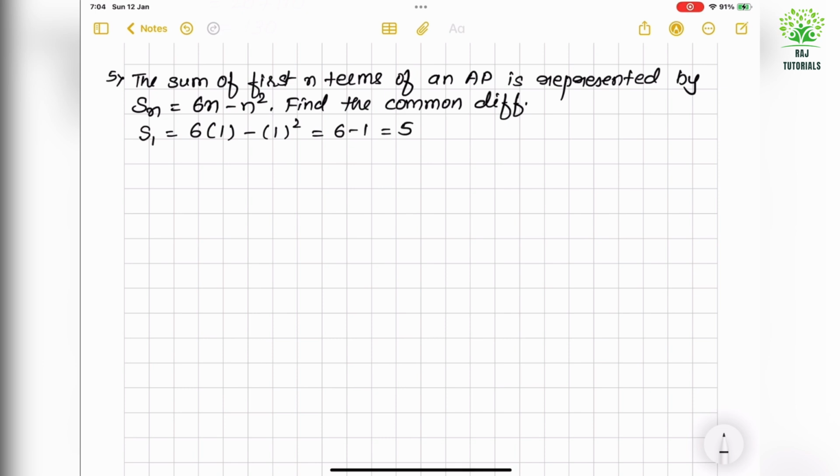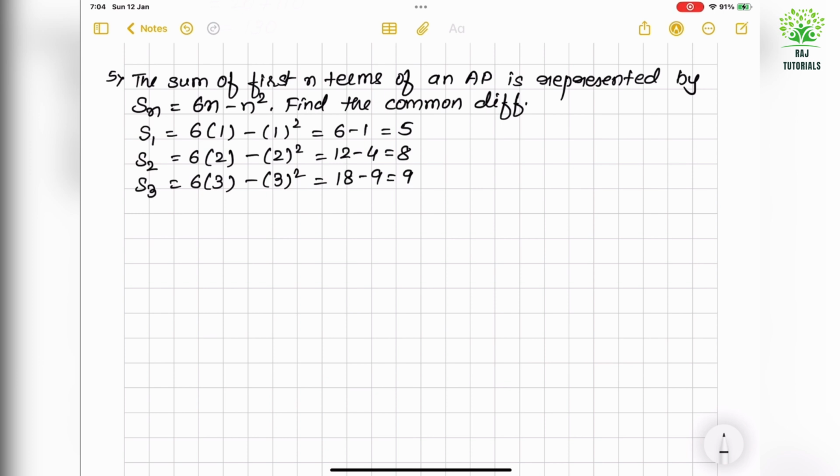Now I will find S2. So 6 into 2 minus 2 square. So 6 twos are 12 minus 4, so that is 8. Same way S3. So I will get 6 into 3 minus 3 square. So 6 threes are 18 minus 9, so that is 9.